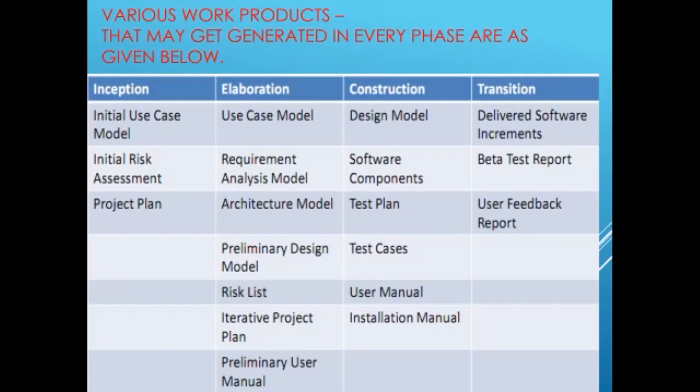In elaboration: use case model, requirement analysis model, architectural model, preliminary design model, risk list, iterative project plan, preliminary user manual. In construction: design model, software components, test plan, test cases, user manual, installation manual. In transition: delivered software increments, beta test reports, user feedback report.